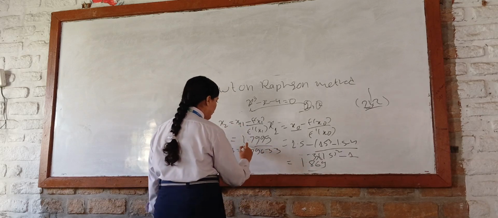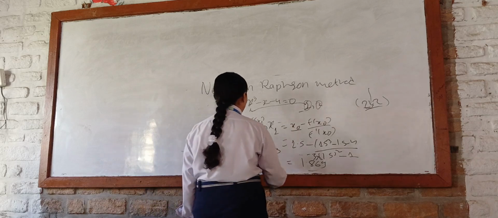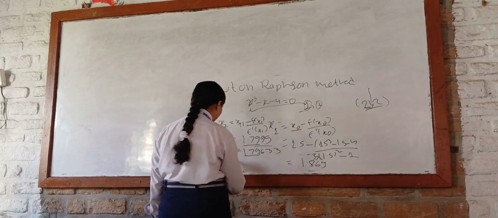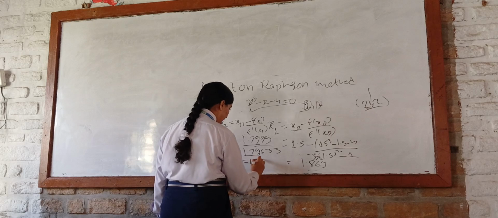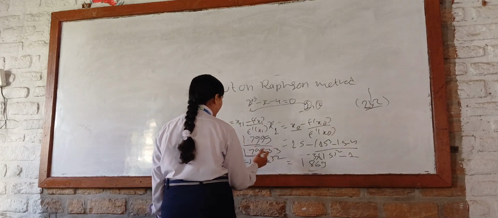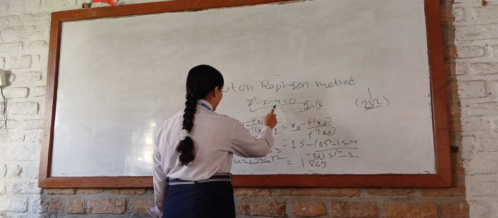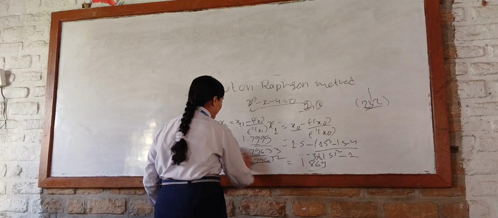So we can see that it is already correct up to 2 decimal places, but we need it correct up to 3 decimal places, so we'll do this again and we get 1.79632. So these two are correct up to 3 decimal places, so we can conclude that the root of this equation is 1.796.